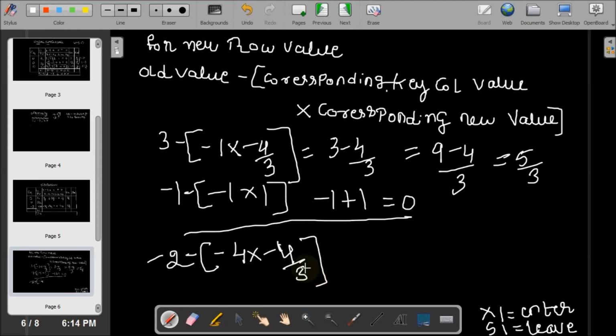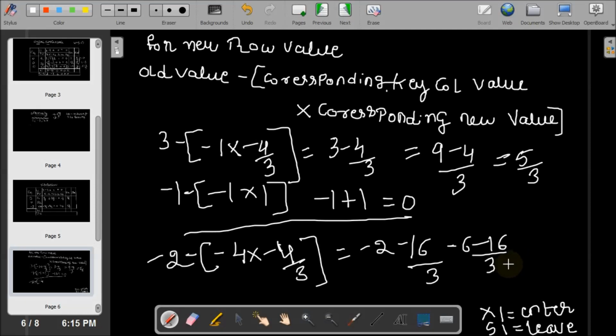So now if you calculate this, what you will get? -2, -16, right? Divided by 3. So if you take the LCM, that will be -6, -16 divided by 3, right?